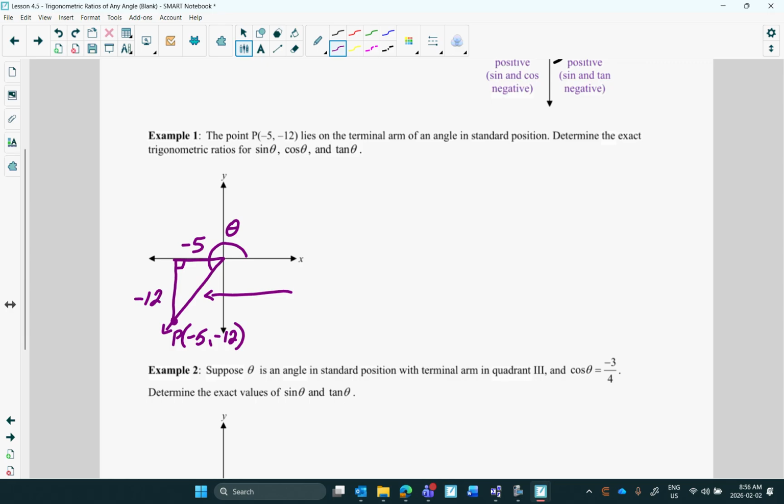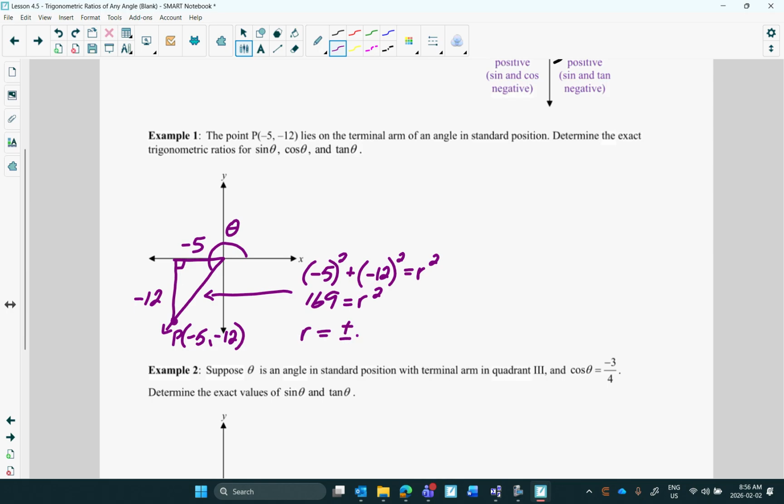Pythagoras. a squared plus b squared equals c squared. But this time, we would say x squared plus y squared will equal r squared. Well, if we square these two negatives and add them together, we get 169 is equal to r squared. Remember, we're solving quadratic equations now. It's not just the square root of 169.